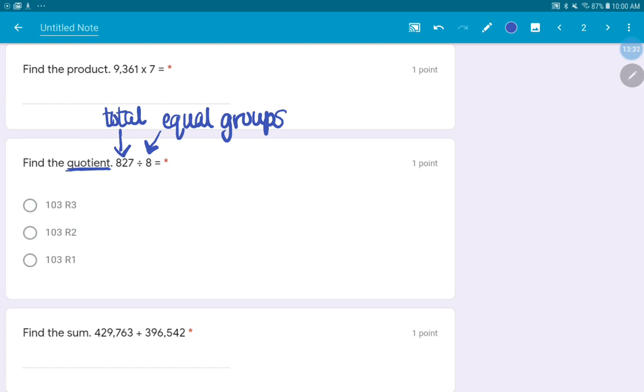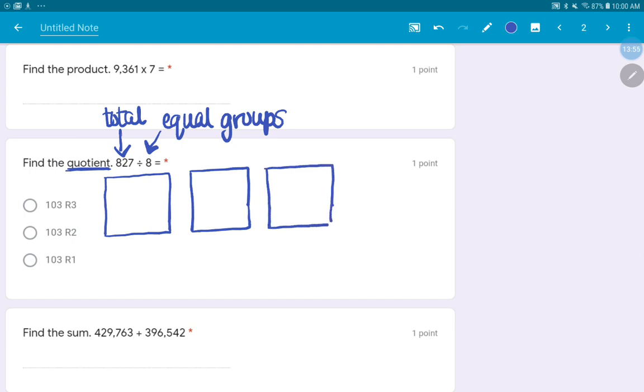Olivia, how would you solve that? I would put 800 8 times, and then I would put 8 times, and I would put 7. Okay. We're not multiplying, we are dividing them into 8 equal groups.